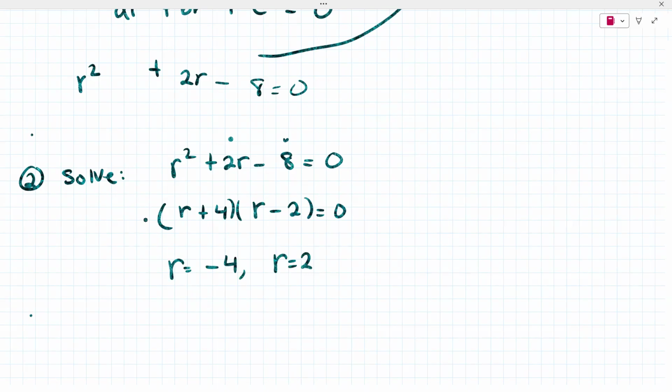So what do we know about these roots? They are distinct, meaning they're two different numbers. And they're also real. They don't have an i, so they are real roots. Okay.